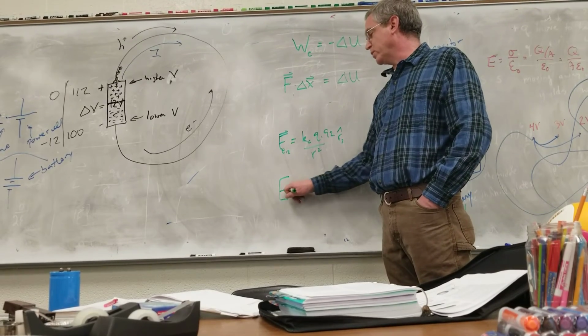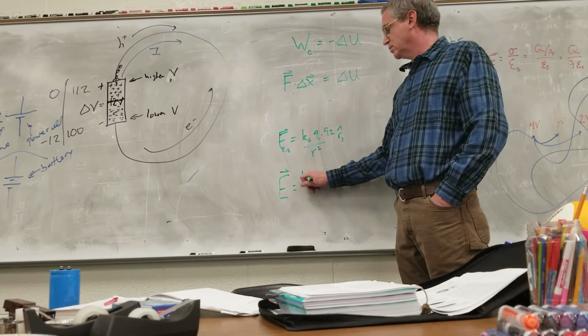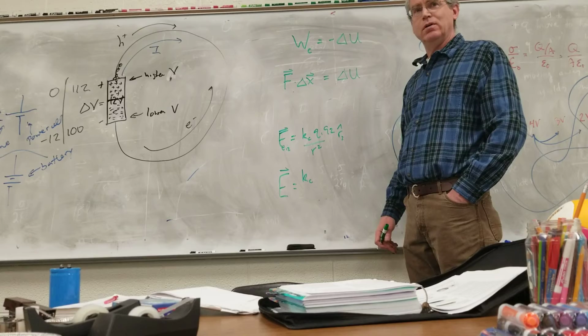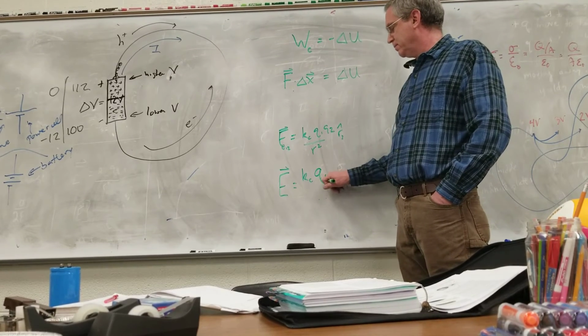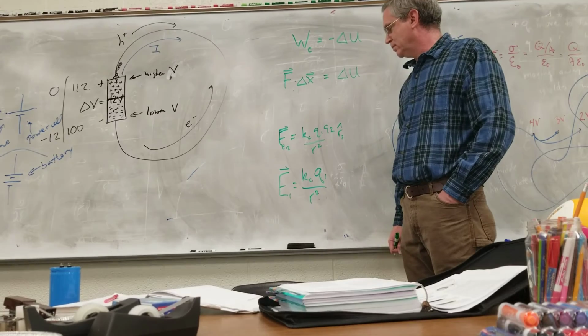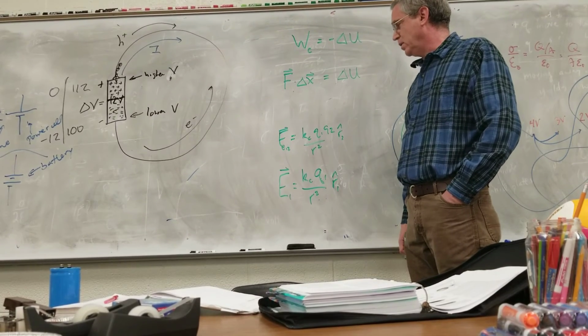What's the formula for electric field? Okay, so that E is k, and it's either one, I can flip back and forth, Q1 divided by R squared, R hat 2. If that's Q1, that'd be R hat 1.